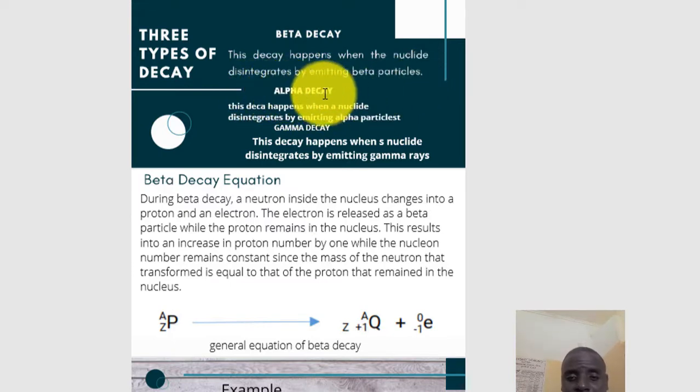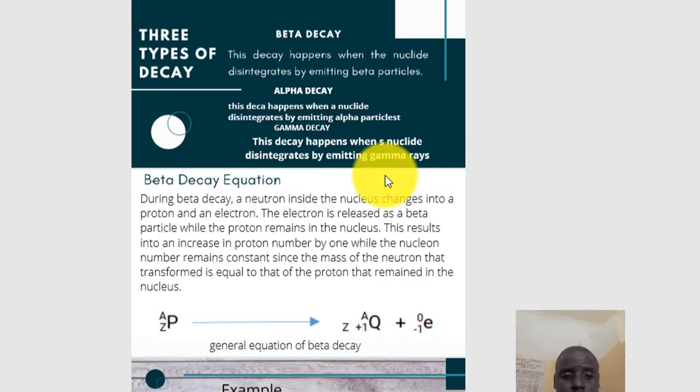Another type of decay is alpha decay. You can simply say this decay happens when the nuclide disintegrates by emitting alpha particles. Okay, and then the last type of decay is gamma decay. This decay happens when the nuclide disintegrates by emitting gamma rays. Remember, gamma rays are not particles.